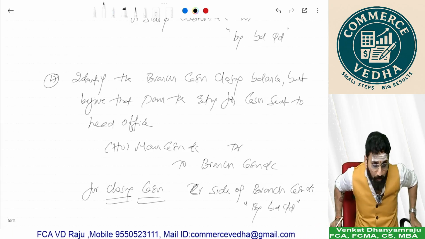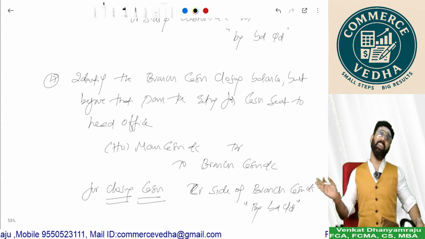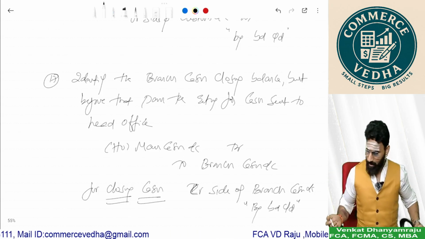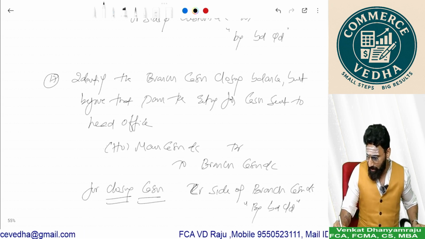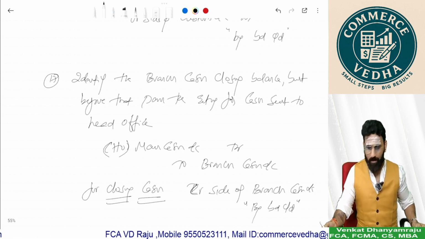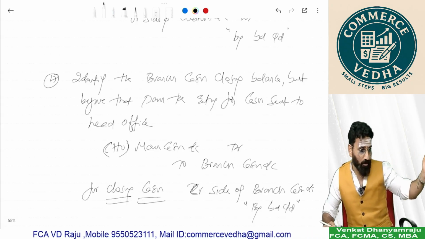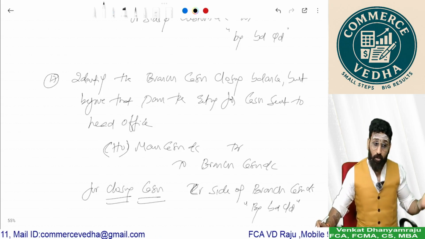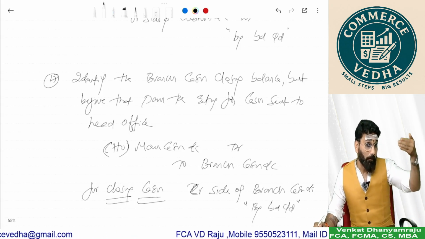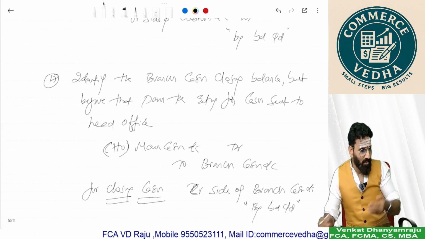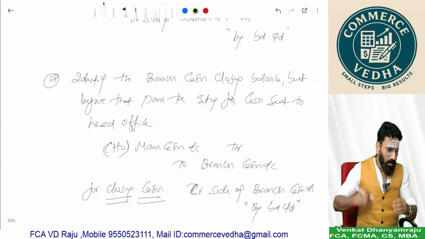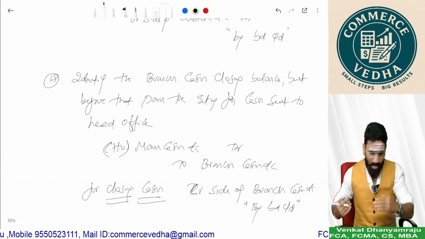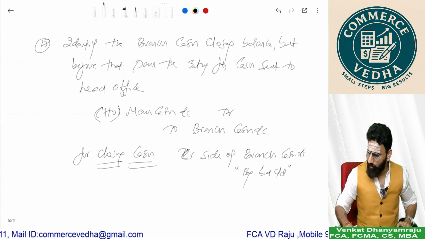Before closing the cash book, we should see how much amount sent to head office. So the entry is HO cash book debit, because amount going to head office cash book. From where it is going? Branch cash book. So when you receive the cash, the entry is branch cash to main cash. When you send back the money, it is main cash to branch cash, right? So we closed even cash.